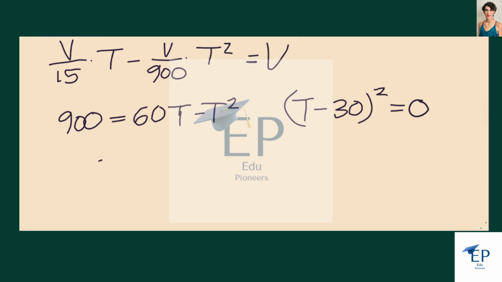And therefore, big T equals 30. And recall that the unit is months. And so this is the length of time for the total depreciation to equal the initial value.